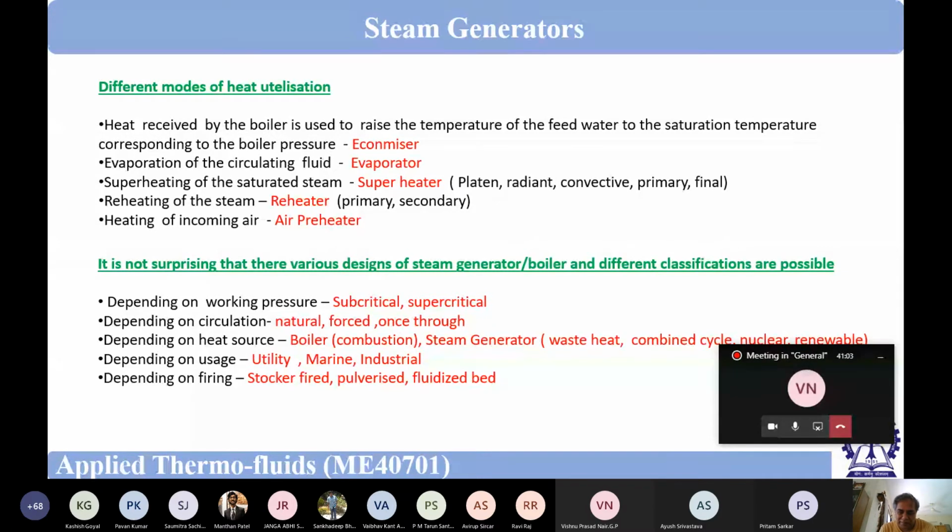So these are the methods by which the heat transfer between the combustion product and the working fluid takes place. You can imagine how many different variations of heat exchanger will be there inside the boiler.